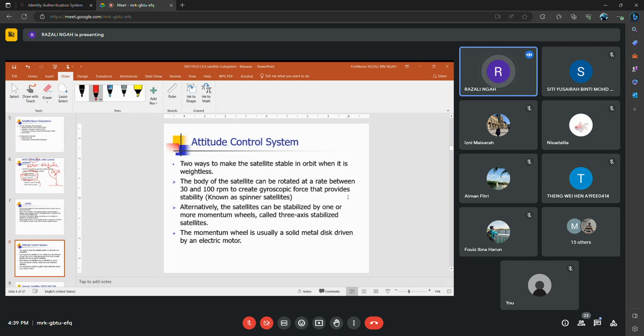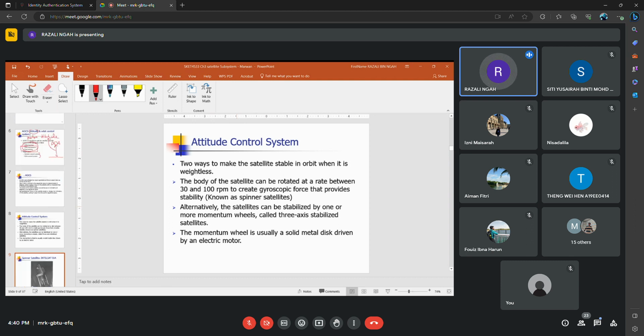If they don't spin the wheel, the wheel is not standing. But when they rotate the wheel and hold the rope, the wheel is standing. That's the relationship between stability and rotation. Same thing for a satellite. To make it stable, we need to rotate the satellite body.